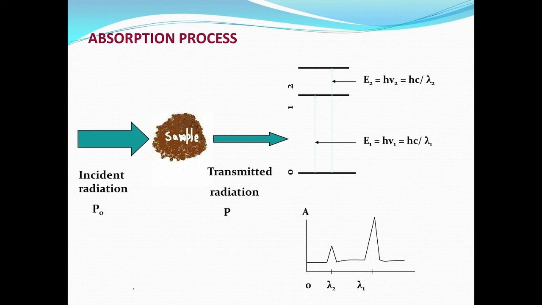So, what happens in absorption? Here the sample is here, incident radiation is at the back, transmitted radiation is on the right. The energy difference is again given out as heat, it is not radiation. So, the heat is the effect of absorption.